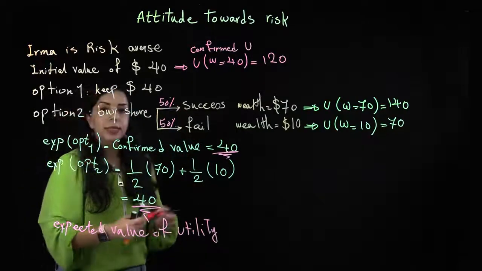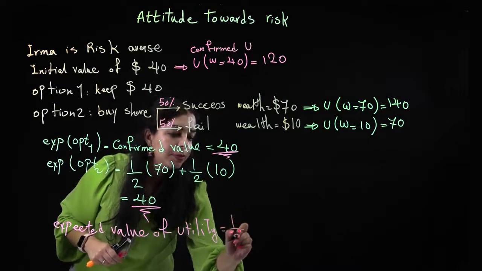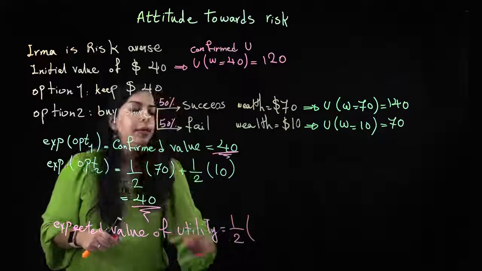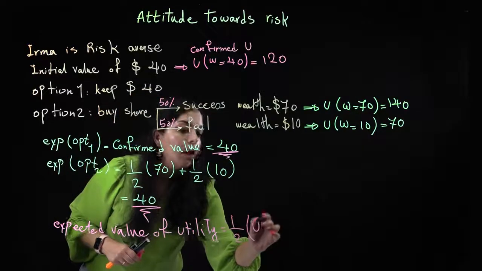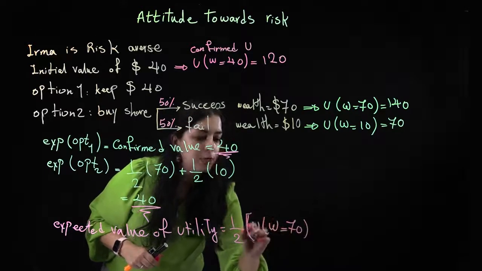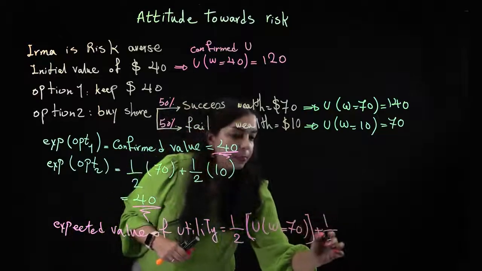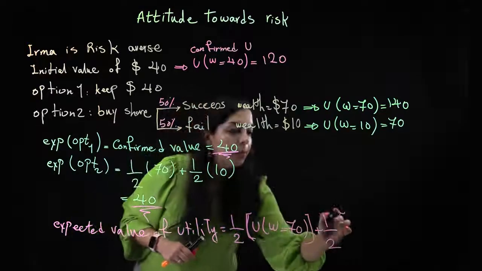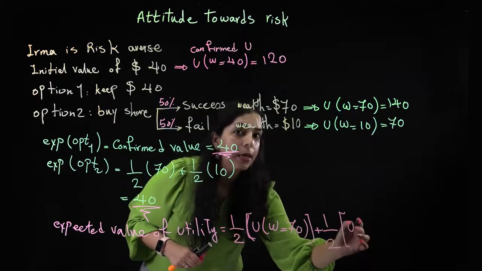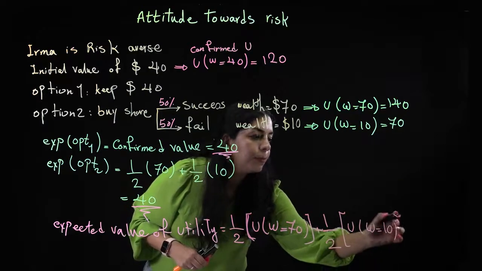Once we want to calculate the expected value of utility, we put the probability of the first situation, which is success, multiplied by the utility of the wealth of success, which is 70, plus the probability of failure multiplied by the utility of the wealth for the failure.